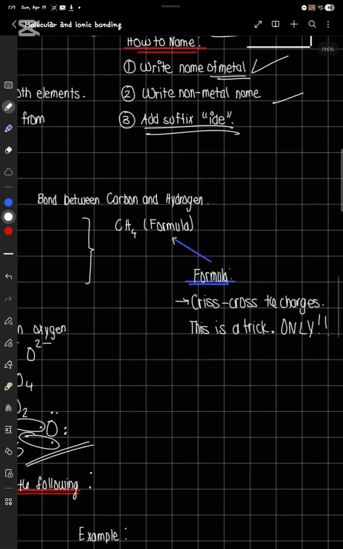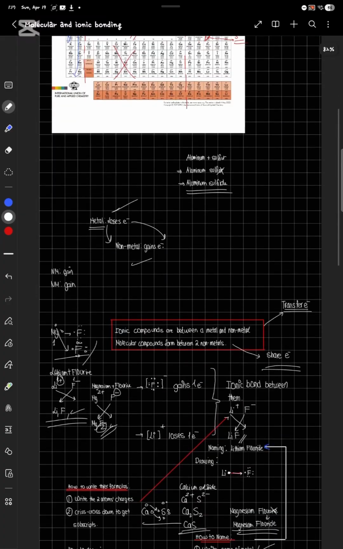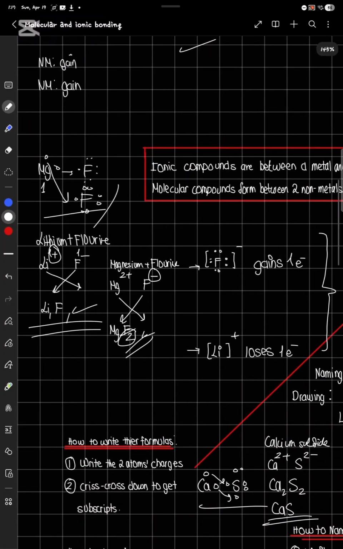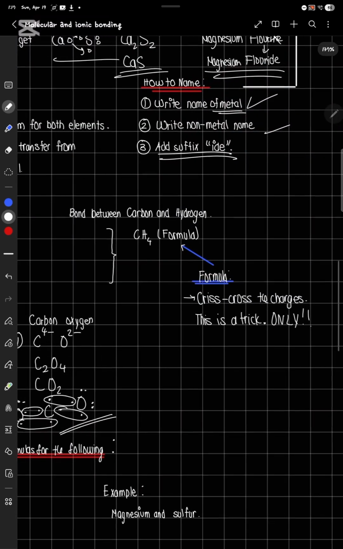As I said earlier, the formula is pretty much the same thing. You know how we said that for the ionic one, we do the crisscross method because, for example here with 2 fluorines, you need to accommodate the electron transfer. For molecular compounds, it's just a trick.